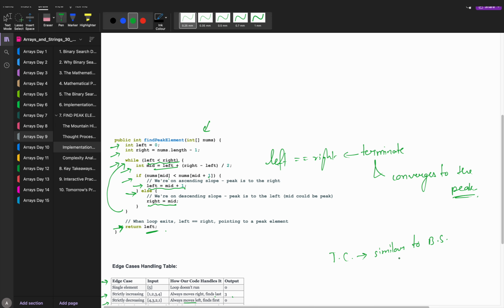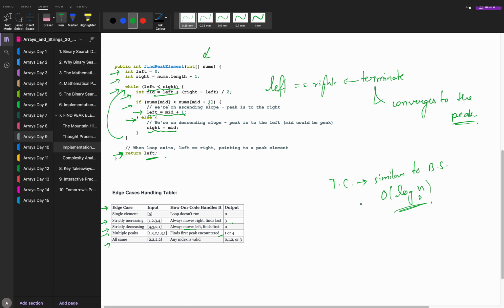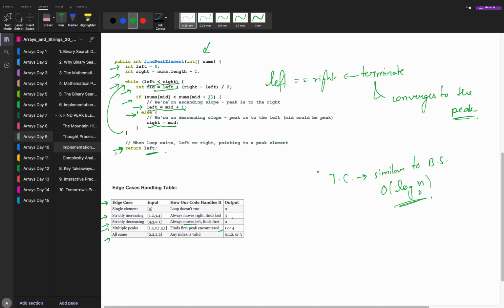In short, let me call it BS, big O of log n to the base 2. And we don't need the data to be sorted here. Sort हो जाएगा तो peak कैसे निकालोगे? Exactly, है ना? Though it will be one peak only, but not for other test cases or edge cases. Space complexity, we are using just variables, so it would be constant.